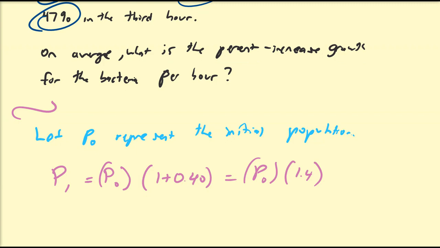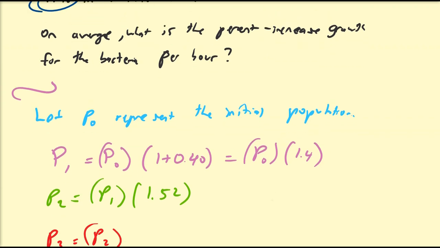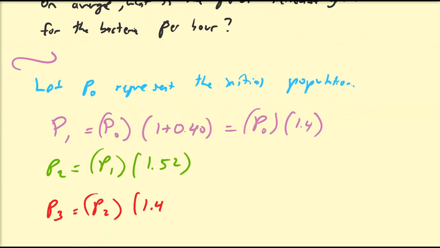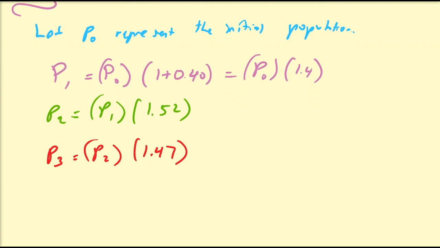If the next growth is 52%, then P2 is going to be equal to P1 multiplied by 1.52. And if it grows 47% from P2, then P3 is going to be equal to P2 multiplied by 1.47.